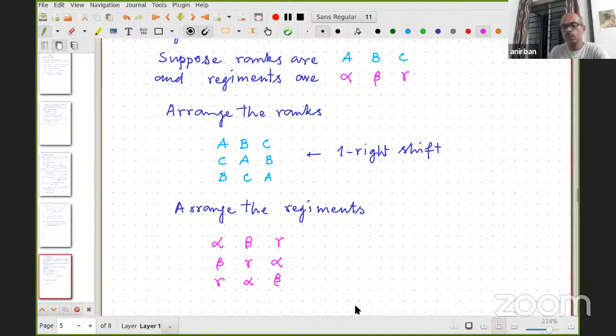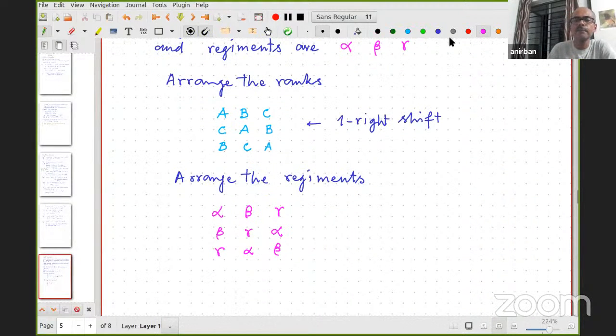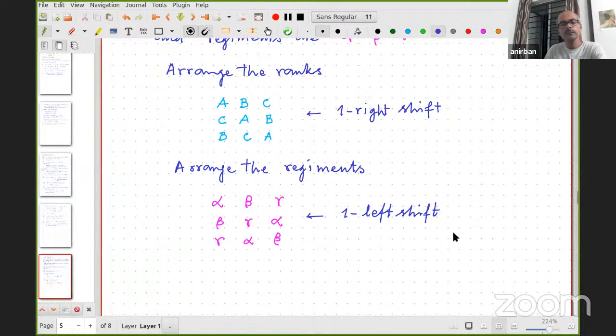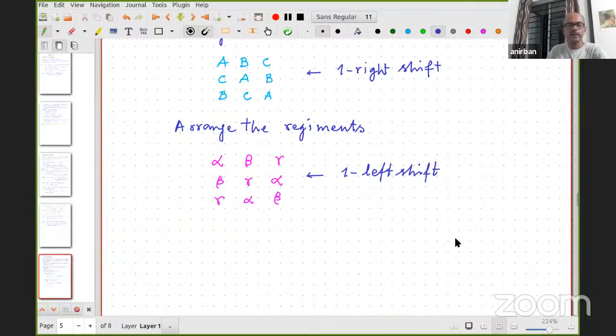So that is one right shift with the same kind of notation, same kind of name. It is one left shift, sorry. So shifting to the left by one block. Now let's put these two things together. I would write this color first.